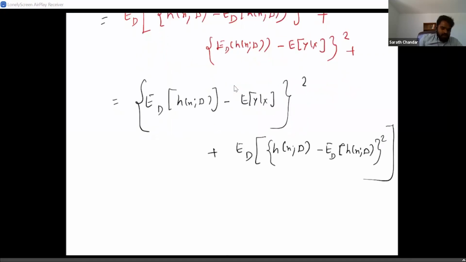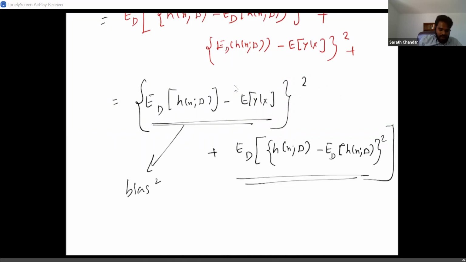Now we're going to call the first term the bias of the model. In some sense, it's a bias square, okay? And the second term the variance, okay? So why do I call the first term the bias? Remember that this is the true solution, the optimal solution.